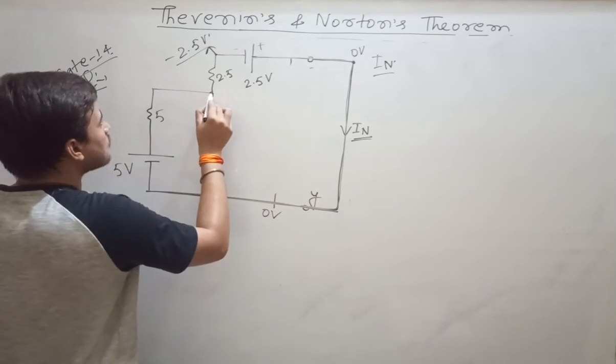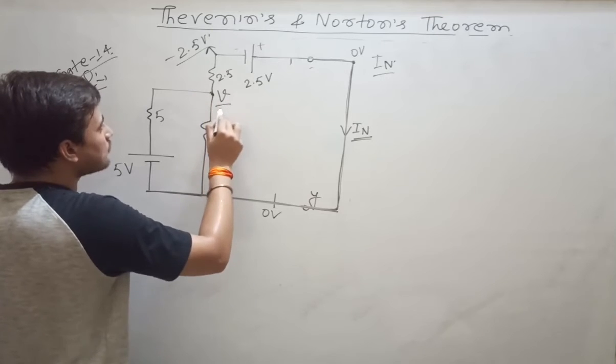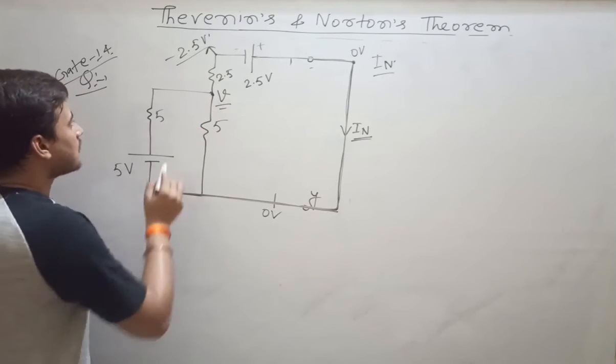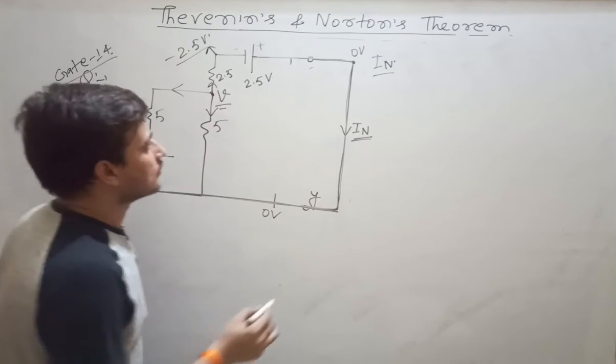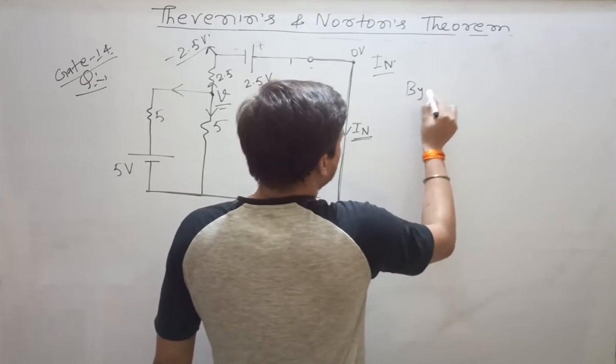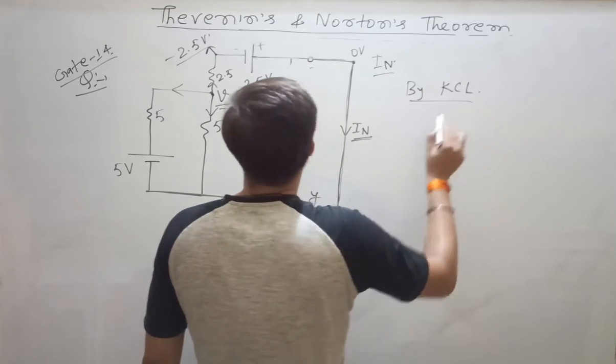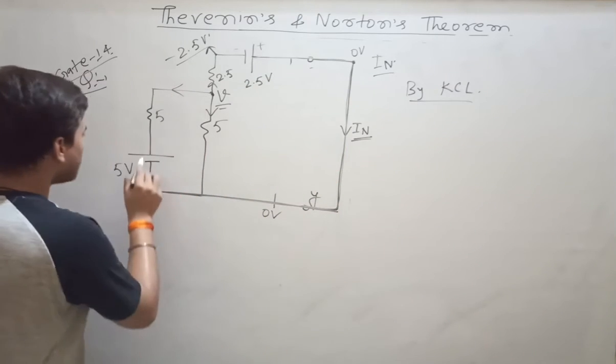Once you have that potential, assume this value is V. So let us apply Kirchhoff's current law at this node. By KCL, here it is 0 volt, here it is 5 volt.